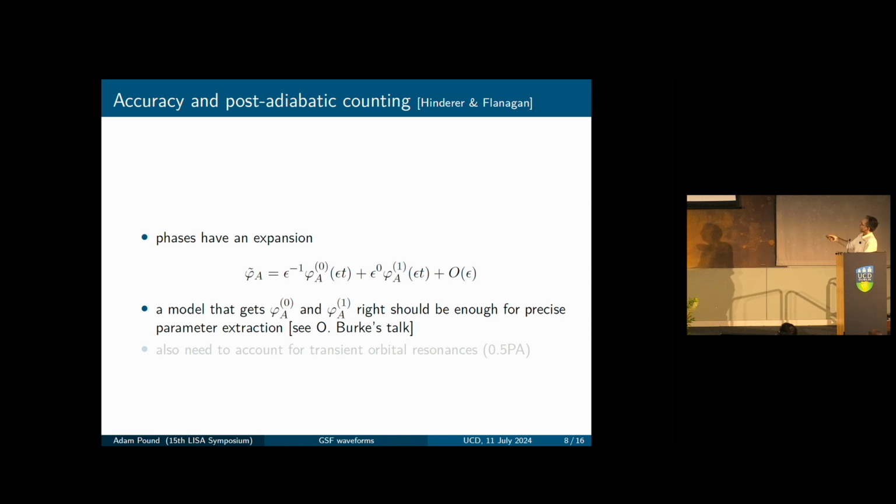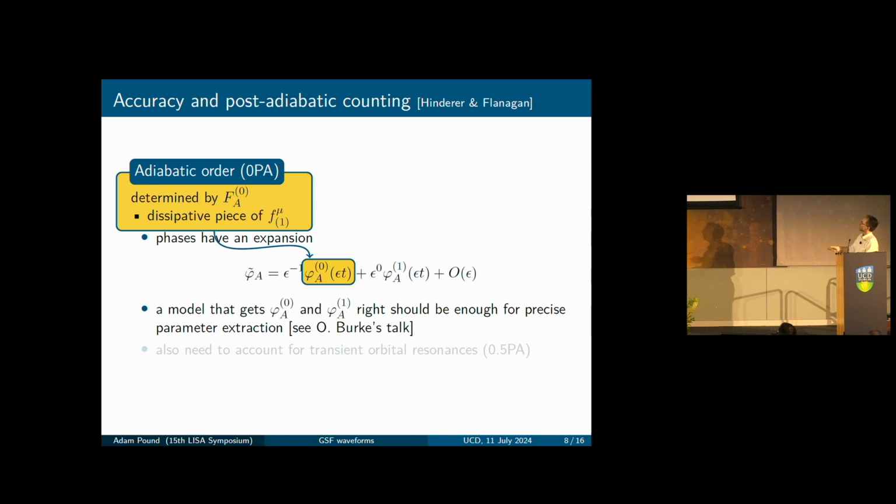And more recently, we have parameter estimation studies that actually really back this up with estimates of the parameter bias you will incur if you, for example, ignore this term. And we see that we really do need both of these terms, but with just these two terms, you get incredible precision in your parameter estimation, and you don't need the higher order terms.